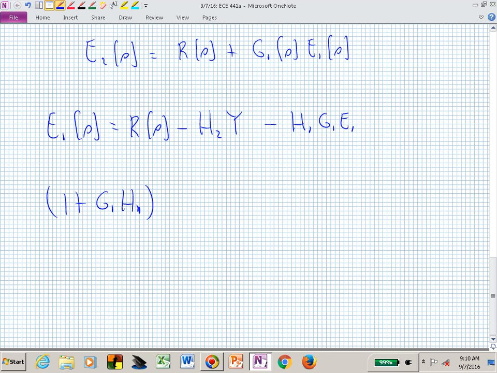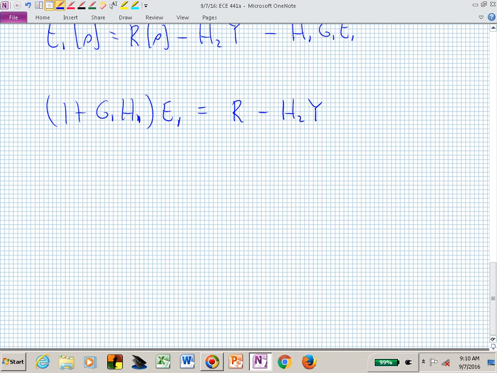But here, those are the two terms that are scaling E1, the signal. And on the right, I still have R minus H2Y. And I can now solve for E1. E1 is R, or if I want to, why don't I keep the signals and the systems separated?